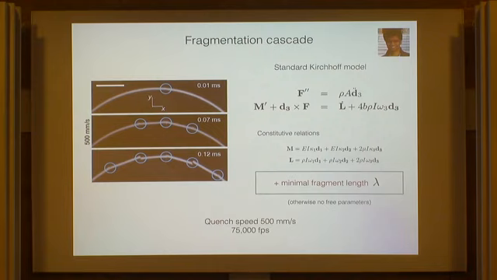These are the Kirchhoff equations, essentially coupled PDE systems, and they depend on a number of material parameters. One assumption we have to make when we simulate these equations is a minimal fragment length. The reason is that once you discretize your model, the first fracture happens, and then the end piece will try to snap back, and obviously it would break again at this point if you don't make that assumption, which is sort of a relaxation.